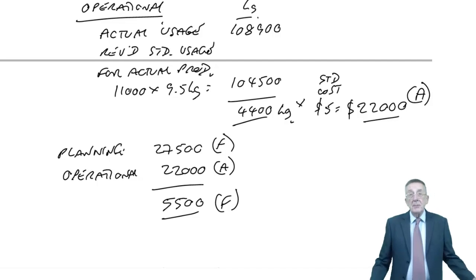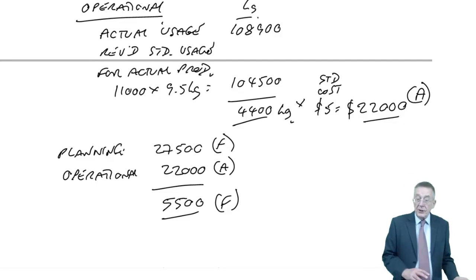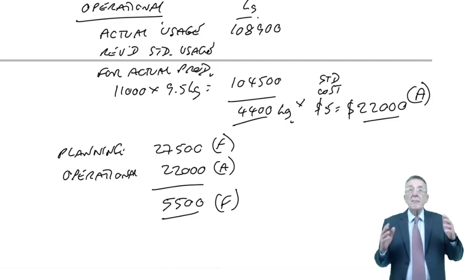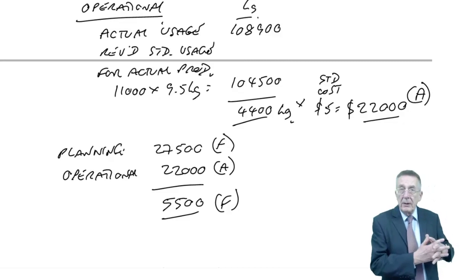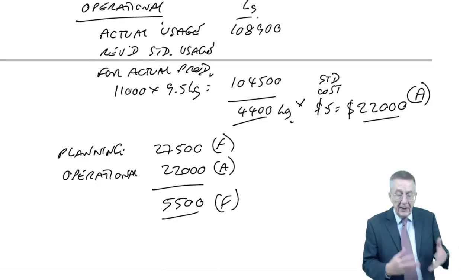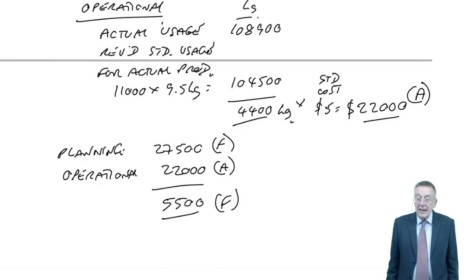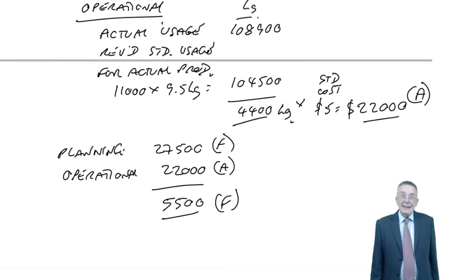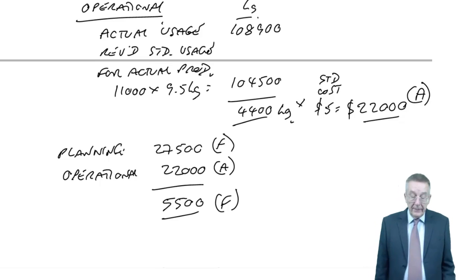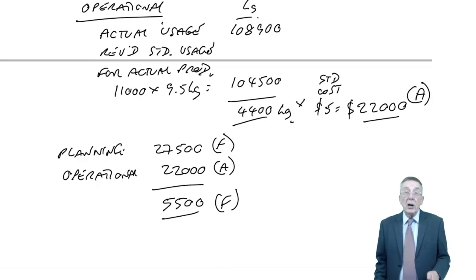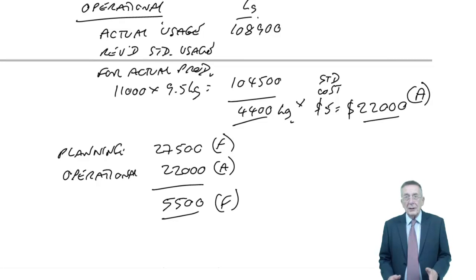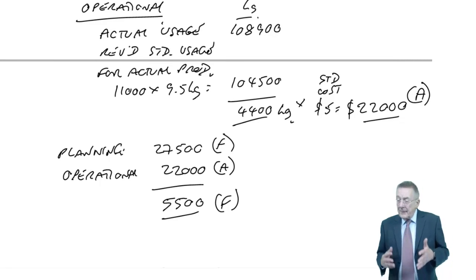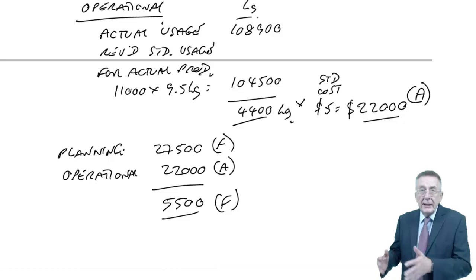It's basically, is the manager doing a good job or a bad job? I'm not going to repeat everything that I said in the paper F2 variances, because it's the same thing. Here it's adverse. On the face of it, the manager's doing a bad job, but we'd need the manager to explain what had gone wrong. And if possible, we want to try and correct it.